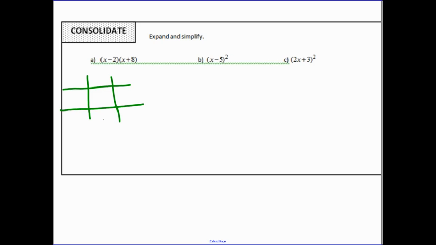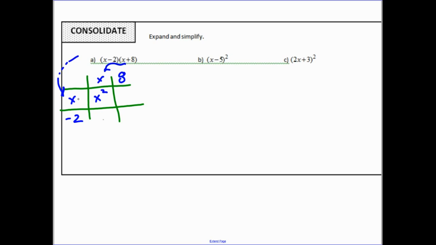And I'll show one without that method, but some people really like this way of doing it. So we're going to take one of those and bring it over here, and I'm going to take the other one and bring it here. And we split those terms up. So really you're just splitting the terms up. Now when they meet in the box, that's when we multiply them.